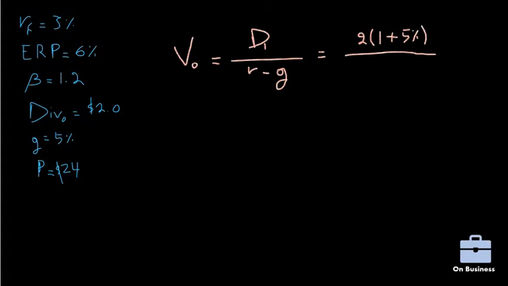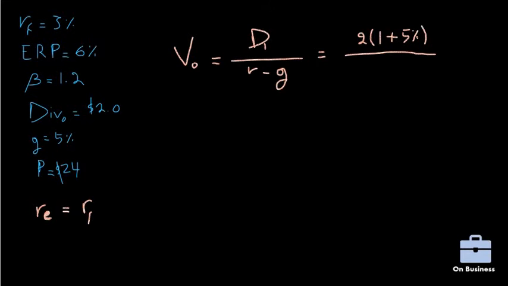We have RF, but this is a risky thing. It's not the risk-free rate because we're not dealing with a government entity here, we're dealing with a firm. So RC, using the CAPM model, we calculate RE, because we're using the dividend model, so we need the required return on equity and not the return on capital.